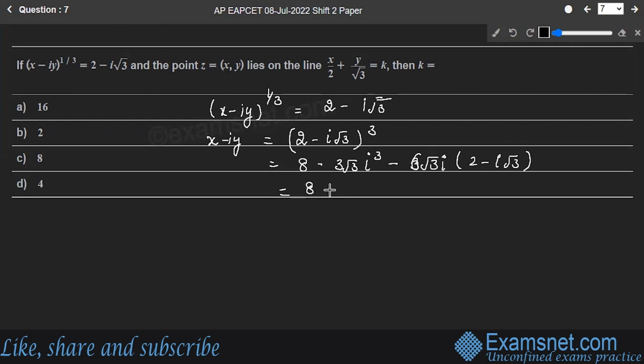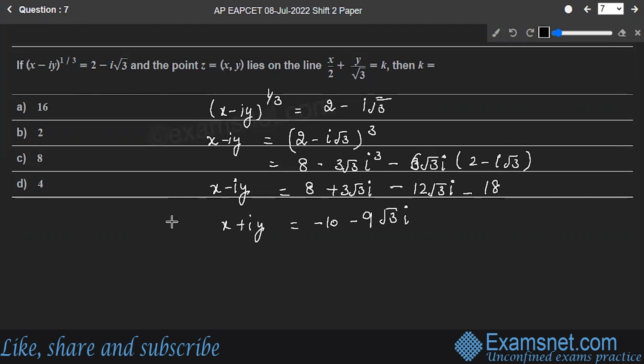This will give me 8 plus 3 root 3 iota minus 12 root 3 iota. Iota square will be there and that is minus, so it will be 18 minus 18, right? This is equal to x minus iota y. So this gives me minus 10 minus 9 root 3 iota. This is equal to x plus iota y.